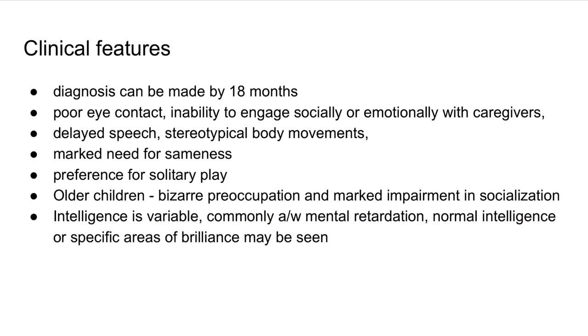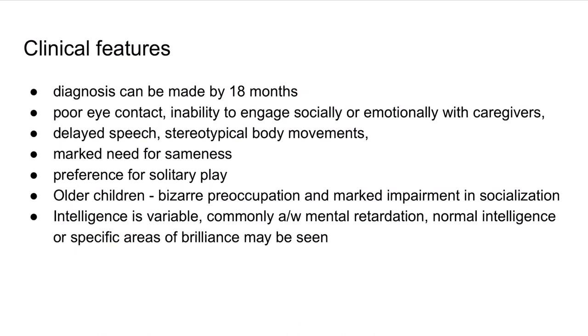Clinical features. Diagnosis can be made by 18 months of age, and there is poor eye contact, inability to engage socially or emotionally with caregivers, delayed speech, stereotypical body movements, marked need for sameness, and preference for solitary play. When there is marked need for sameness, it means they usually insist on sitting in the same place or doing the same things at the same time.